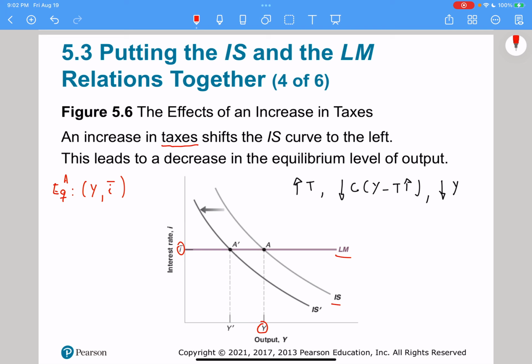So you have this shift of the curve to the left. Therefore, the IS is shifted to IS prime. As you can see, this leads to a lower output, and the equilibrium in A prime is comprised by this pair here. Okay?